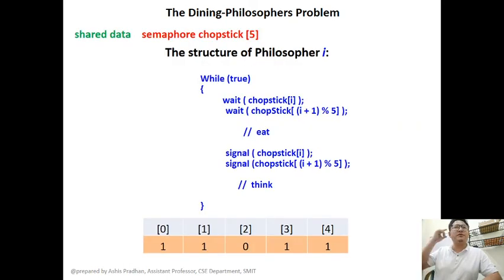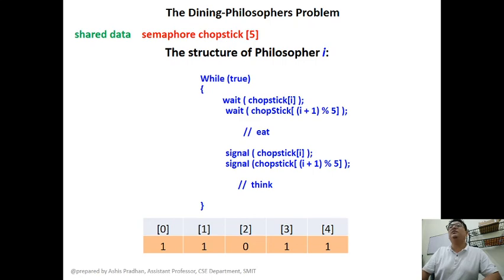One of the simplest solutions to this kind of problem, where you may enter a deadlock situation, is the semaphore chopstick. This is a semaphore variable shared by all the philosophers. The first wait instruction allows you to pick up one chopstick, and the next wait instruction is used to pick up the next chopstick in sequence, for example 2, 3, 1, 2, that way.